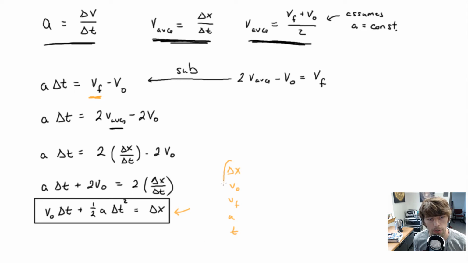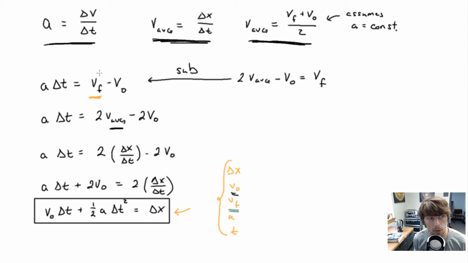Of these 5, you could think of it as 6 if you expand the delta. Of those, the one that is no longer in this final expression is the v final. If you would prefer to derive an equation that is missing v naught, it will contain v final in it. And well, shoot, I guess it comes in right here.